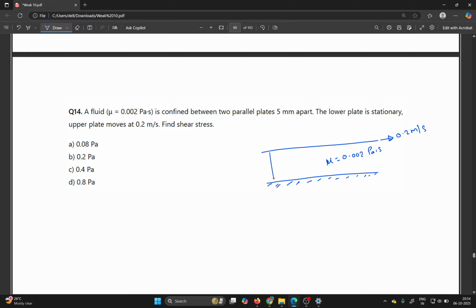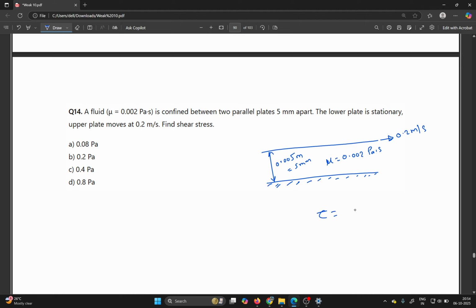The distance between the plates is 5 mm, that is 0.005 meter. Okay, find the shear stress.